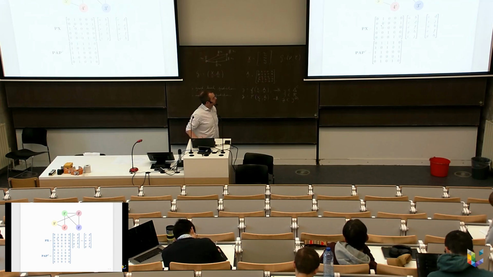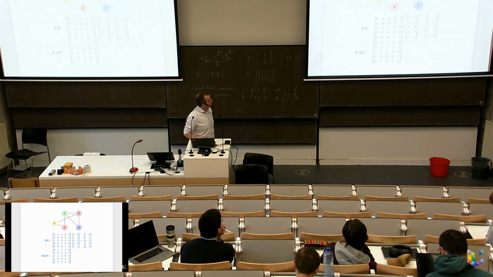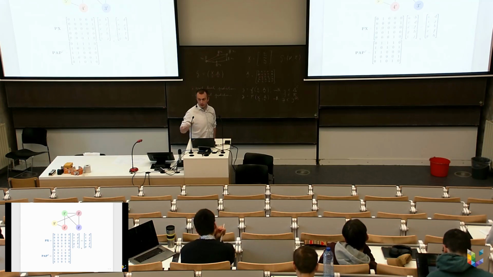So what will happen is that I will just be permuting the rows of the X matrix, and you see that the second row becomes the first, the last row becomes the second, and so on and so forth. And so we obtain, by just permuting the rows, the new representation for the X matrix.